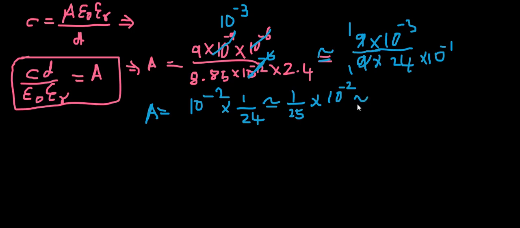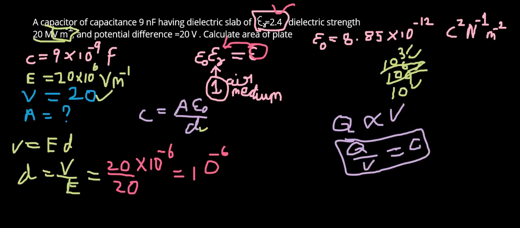Now approximately, here 4 will be 0.4 as the answer. 0.4 into 10 power minus 2 is going to be the answer for this value, that is approximately 4 into 10 power minus 3. So this is the value of the area of this capacitor. So thank you.